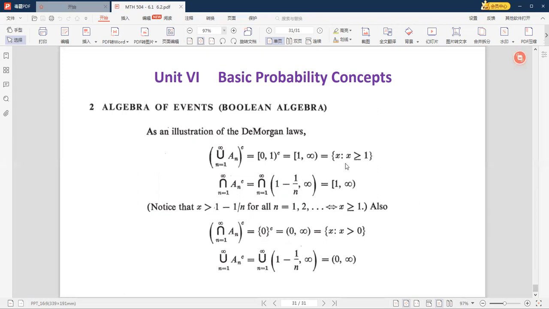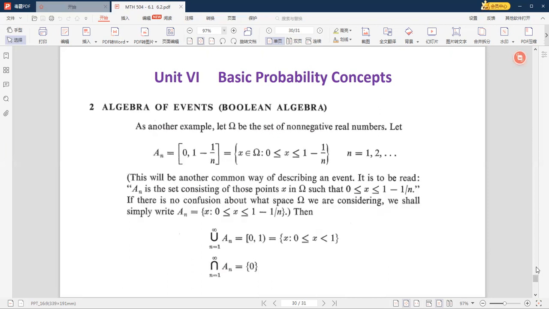Okay. The intersection of the complement of each A_n. So we need to find the complement of each A_n. So what is A_n? It's the closed interval from 0 to 1 minus 1 over n.